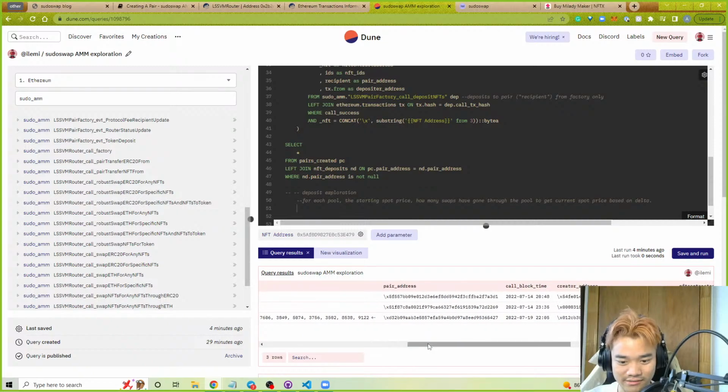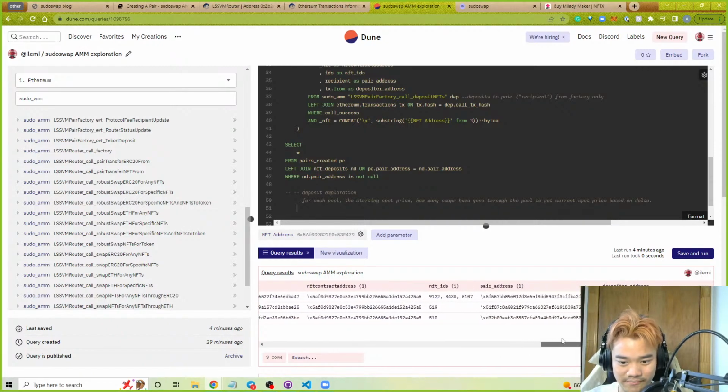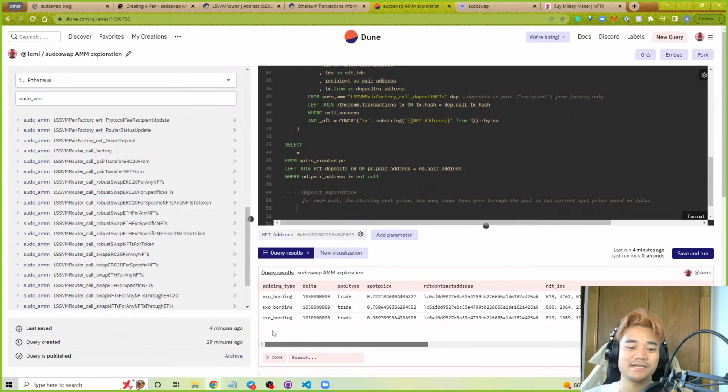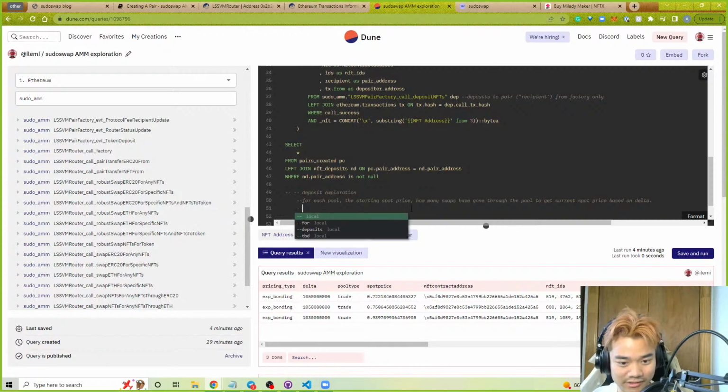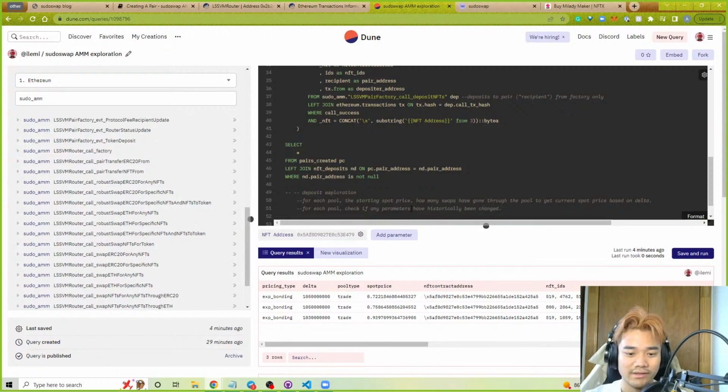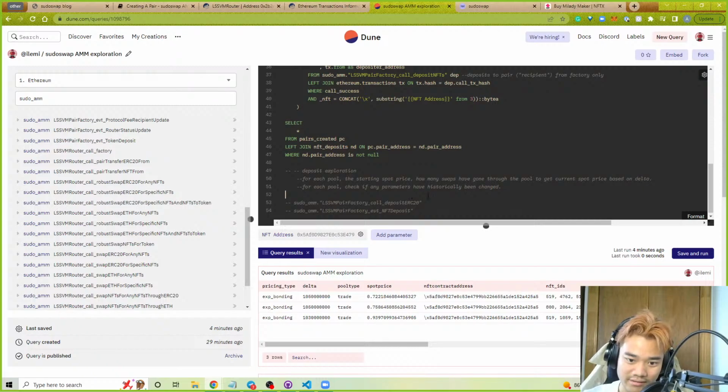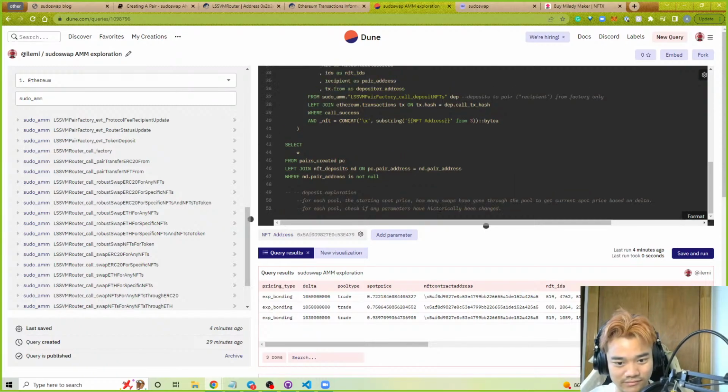When you deposit, you don't get to choose. Okay, yeah. So if you deposit into the same pair, you're not changing any of the parameters. Oh, we also need to check for each pool if any parameters have historically been changed. Oh boy, alright. So this all has to be done sequentially.